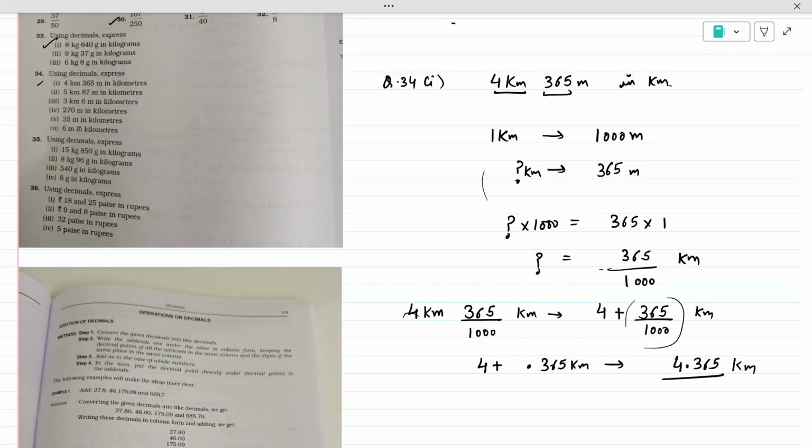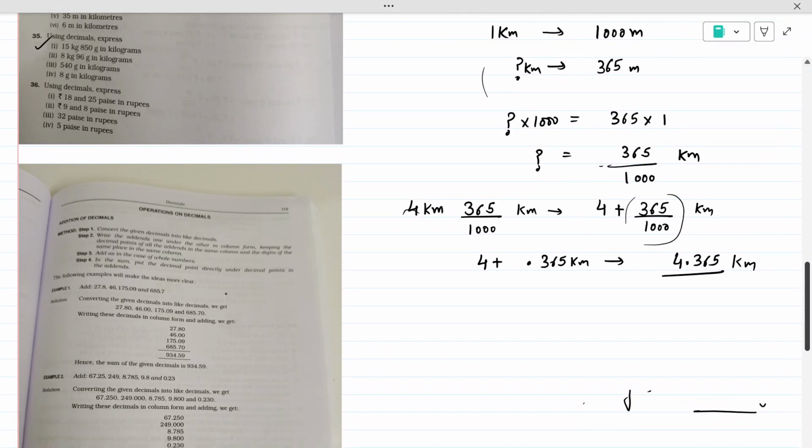Similarly, kids, you can pick the other forms, and in the next questions again we are given 15 kg 850 grams. Question number 35, first part I'm picking here. We have 15 kgs 850 grams, and we have to express it in kgs. So this is similar to what we have done in question number 33.